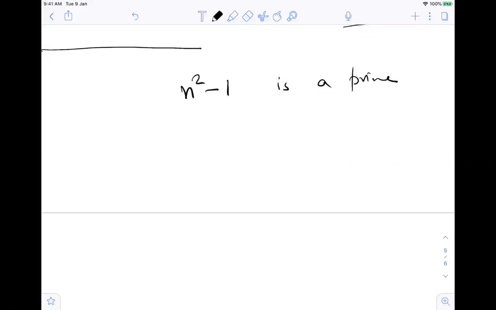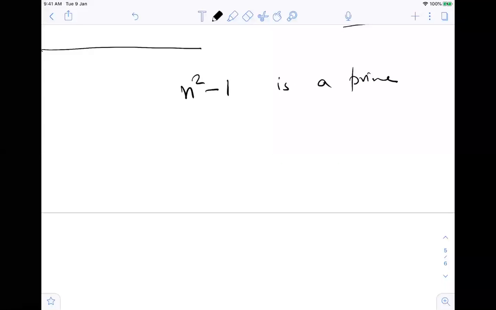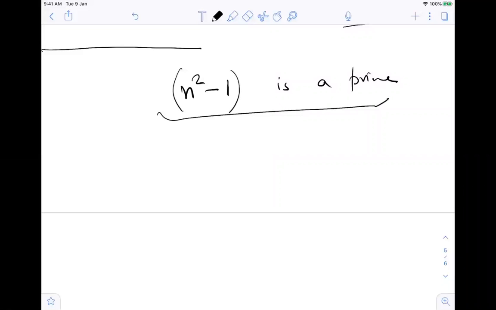This is a predicate because this statement can be false, can be true, doesn't matter, because I am not even told what n is. And n is not quantified, so we cannot say whether it is a statement or not. So you need a quantification here.